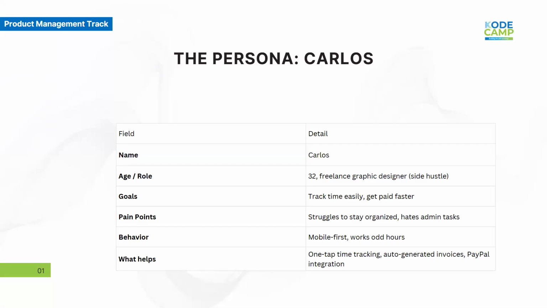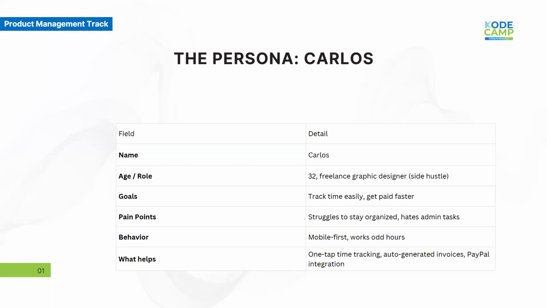Now, when I was defining Carlos's persona, I focused on a few key areas that would directly influence product decisions. His goals are very, very clear, as you can see on the screen. Carlos wants to track his time easily.